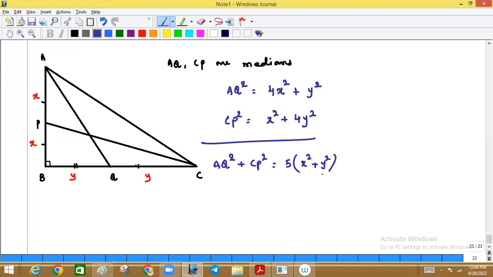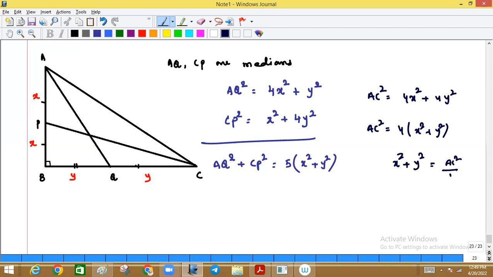Tell me what is AC square? 4x square plus 4y square. And what is AC square? 4 times of x square plus y square. You divide both of them, or else you substitute x square plus y square. What is x square plus y square from this? AC square by 4.